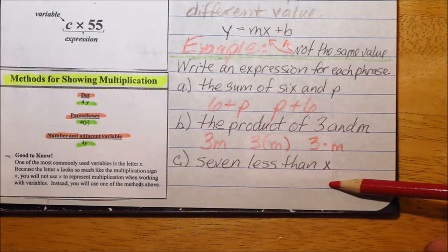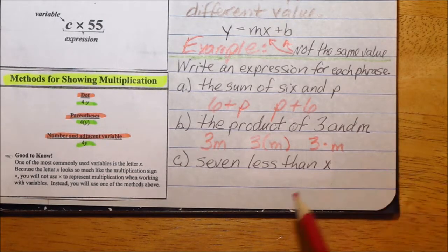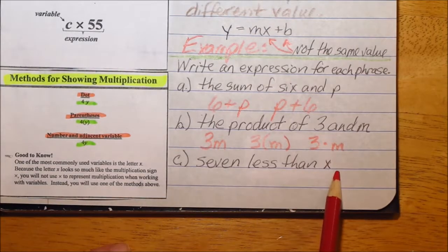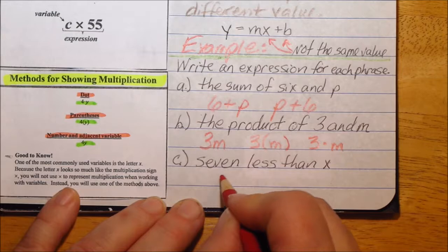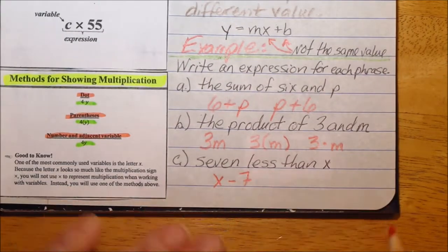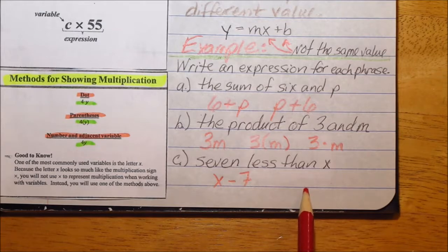There's only one way I can write this, because we're saying that 7 less than x. All right, so that means x minus 7. Subtract 7 from x. All right, if I wrote it with the 7 first, that would mean x less than 7, and that's not at all the same.